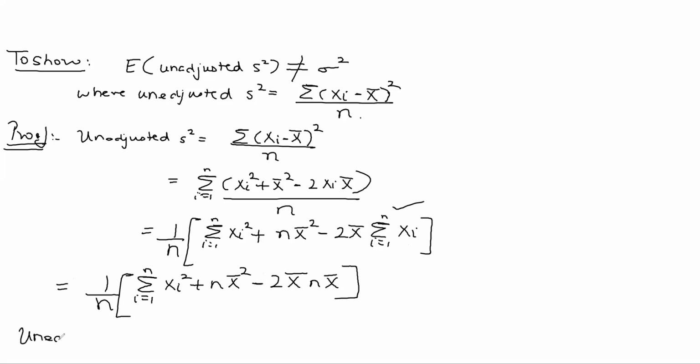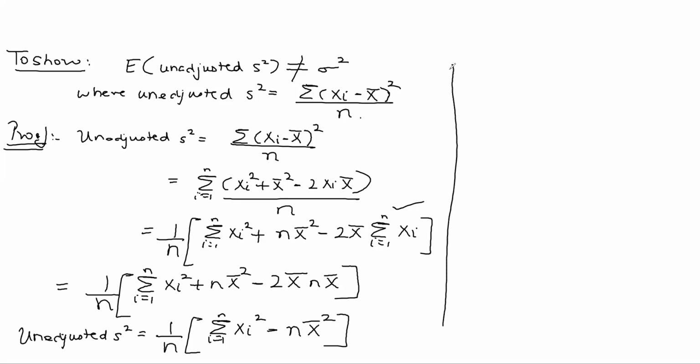So my unadjusted s square is 1 upon n times summation as i goes from 1 to n xi square minus n x bar square.